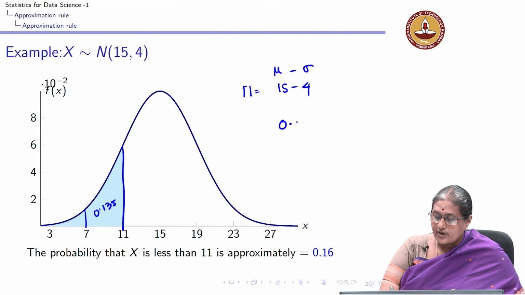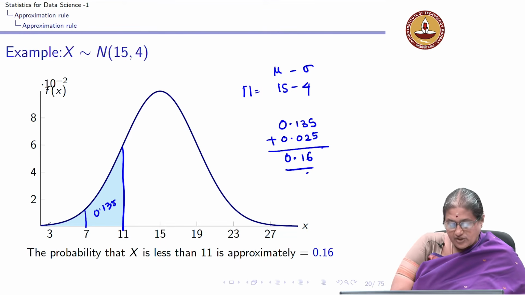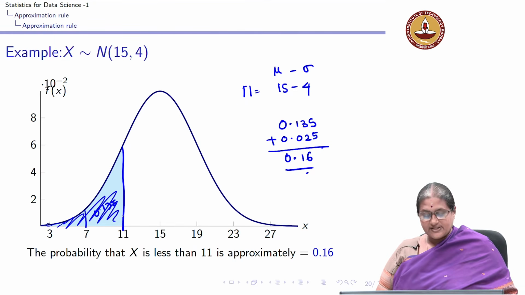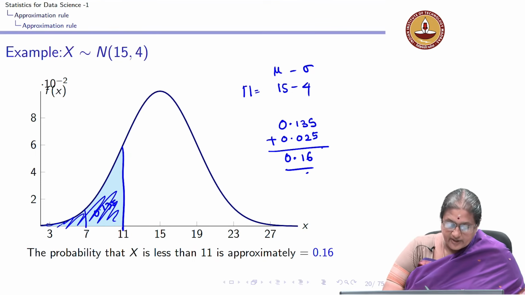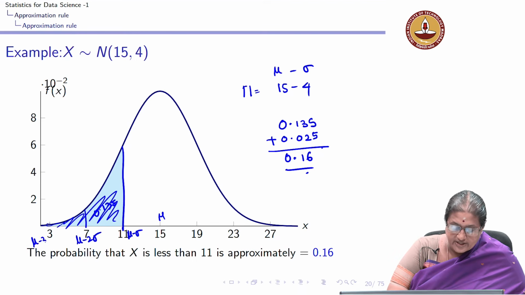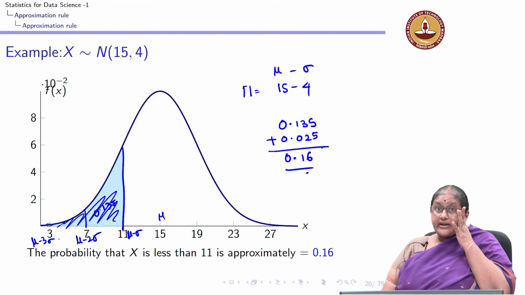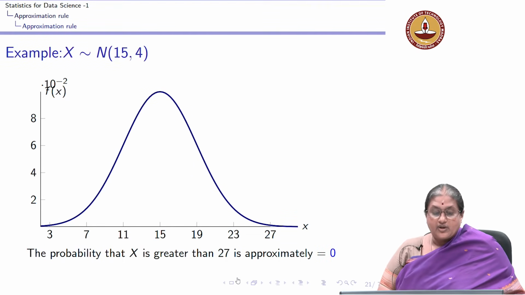So, I have 0.135 plus 0.024 or 0.025, which makes this probability 0.16. So, this shaded region gives me the probability 0.16. Again, I need to recognize that this is my mu, this is mu minus sigma, this is mu minus 2 sigma, this is mu minus 3 sigma, and we are applying the approximation rule.